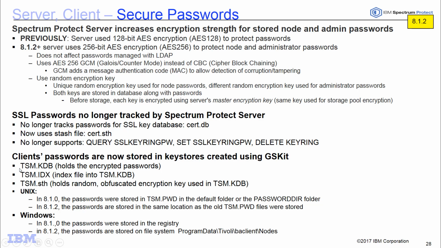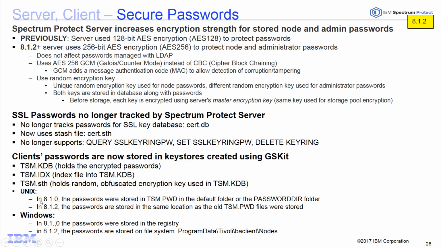On your Spectrum Protect clients, these would be the customer's production machines. Those passwords are now being stored in key stores that are created using the GSKit methodology. So tsm.kdb holds the encrypted passwords, tsm.idx is an index into the tsm.kdb, and tsm.sth holds random obfuscated encryption keys that are used in the tsm.kdb.